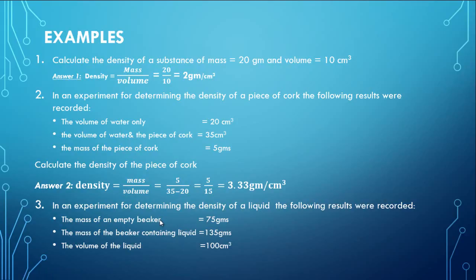This is called mass 2. So we have two masses. We can calculate the mass by the relation M equals M2 minus M1. And by knowing the volume of the liquid, we can solve this problem.